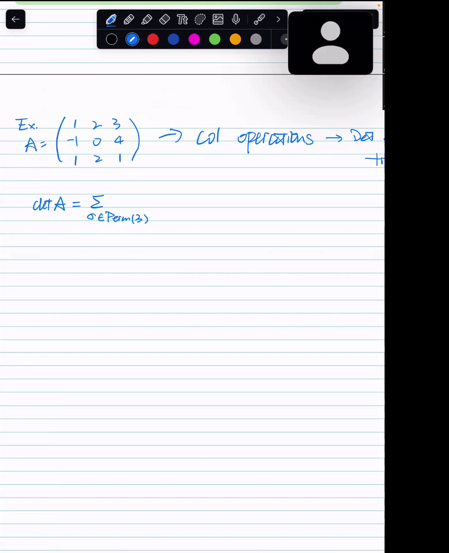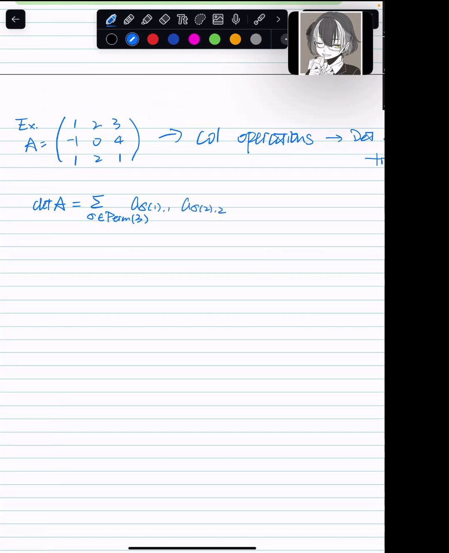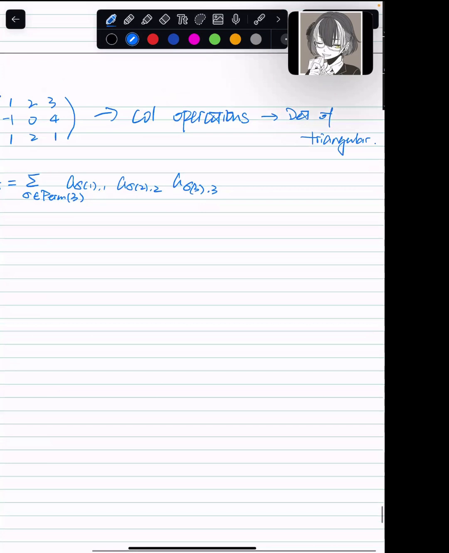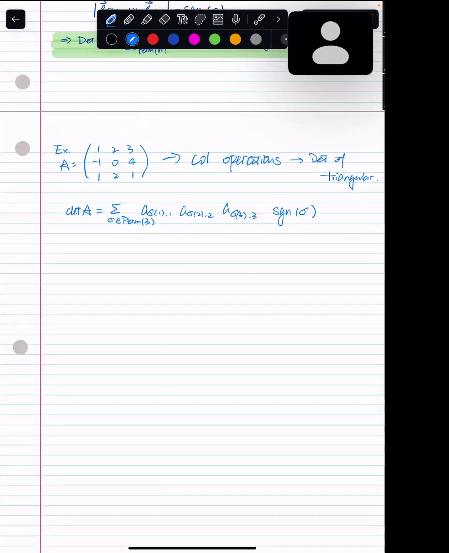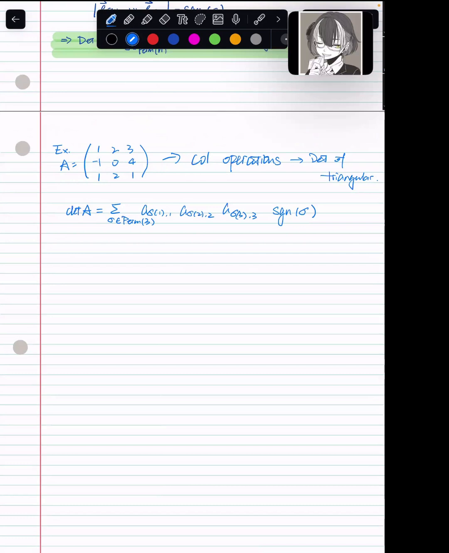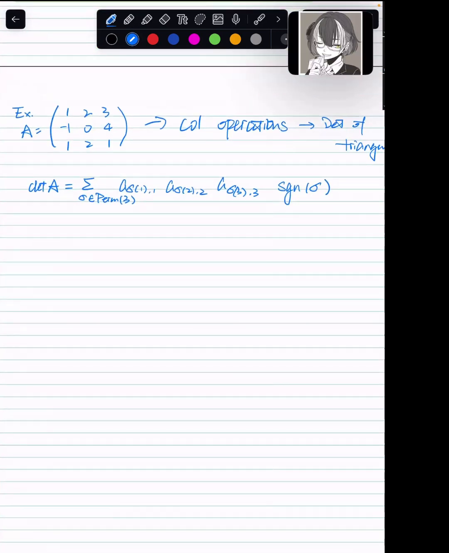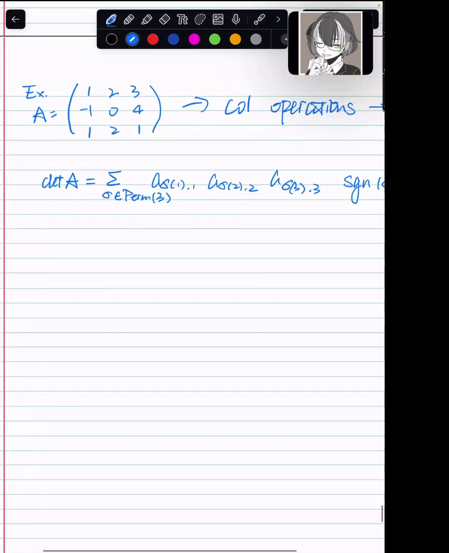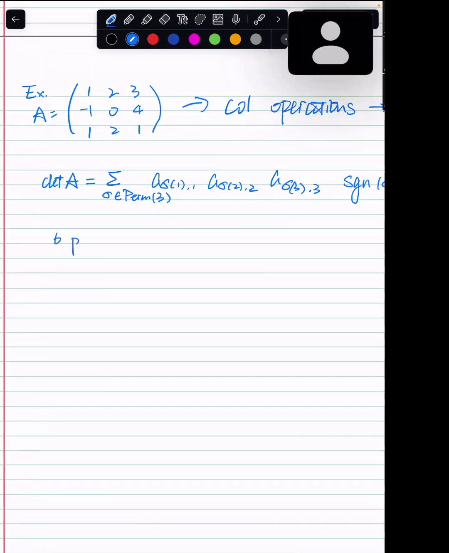The first factor is sigma 1 1, the second is sigma 2 2, the third is sigma 3 3, and then I multiply by the sign of sigma. With n equal to 3, if we do the factorial, we have 6 permutations.